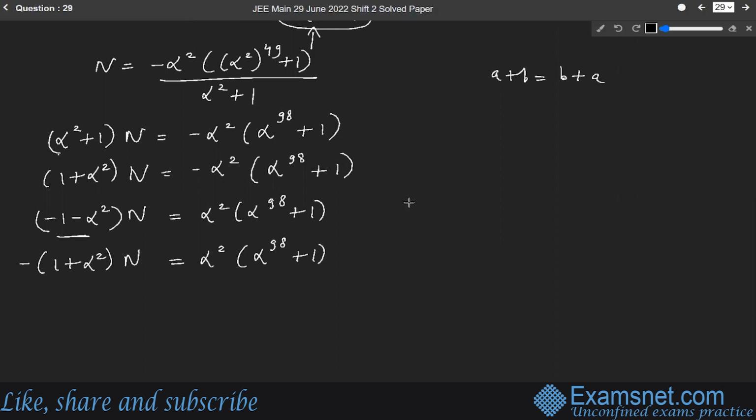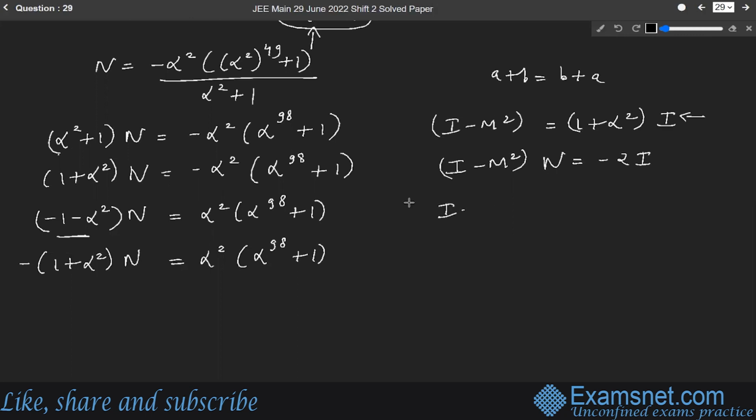Now, we have a value which is 1 minus omega square into n is equal to minus 2i. It is already given in the question. And another value that we have calculated is 1 minus omega square is equal to 1 plus alpha square into I, right? What is I? I is 1. So we can say that 1 minus omega square is equal to 1 plus alpha square.